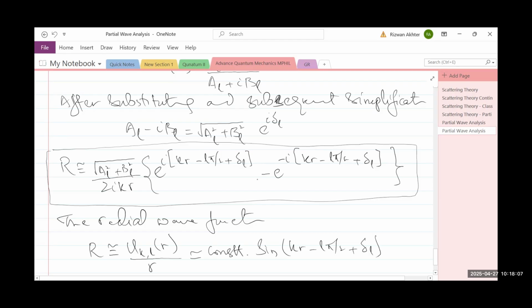And you can see here, this whole part, if I divide the 2 iota below, this would become this part, divided by kr.